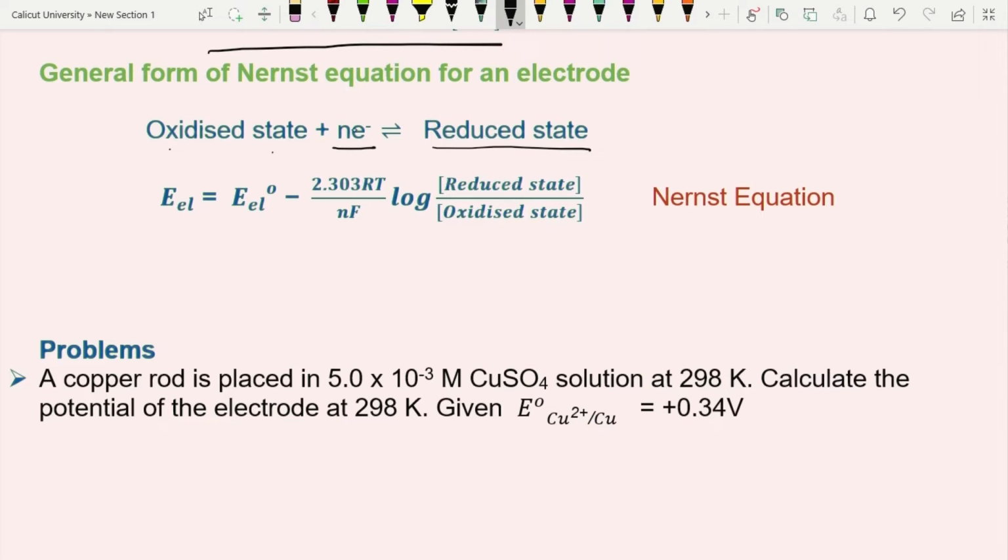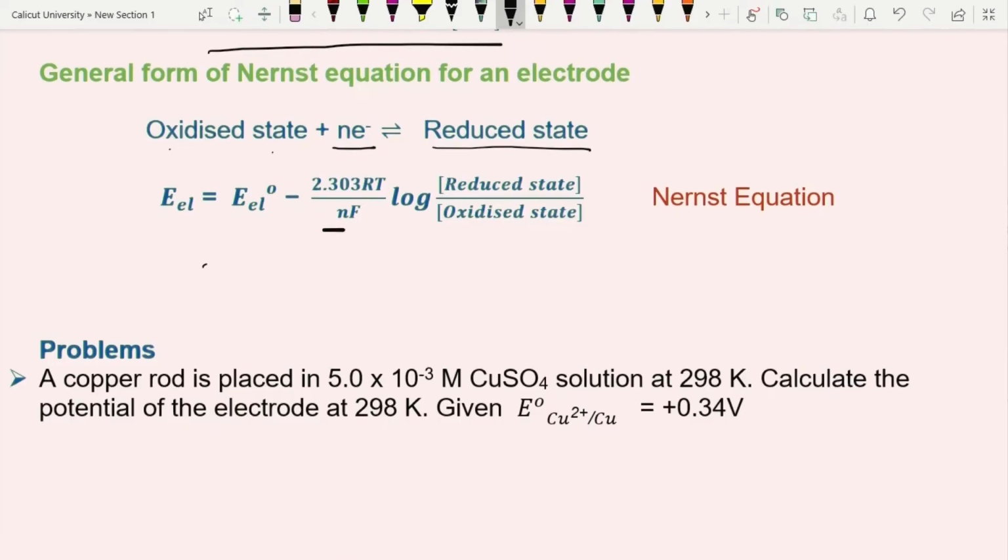Just like that, in this electrode reaction, these are the reactants and these are the products. Of course, we do not include ne, that is the number of electrons involved, which is taken as n here. So, we have the molar concentration of the reduced state divided by molar concentration of the oxidized state. This is the general form where we can apply it to any system.